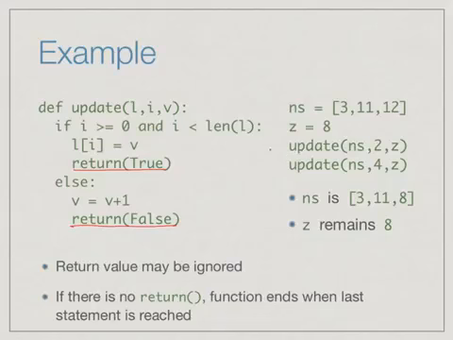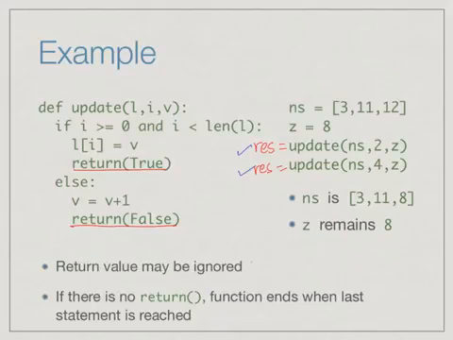So ideally you should have said something like result is equal to update, and then check after the update whether result is true or false, because update will update the list or not depending on whether the index is valid, and it will return true or false depending on whether the update succeeded. So by examining the value of whatever is returned, we can check whether the update we intended worked or not. This is something which we would expect, but we have not done it.